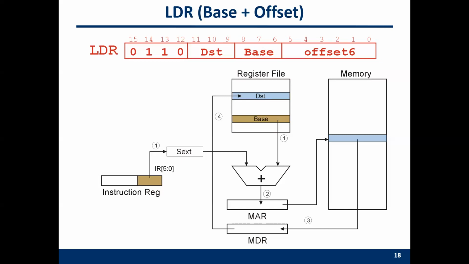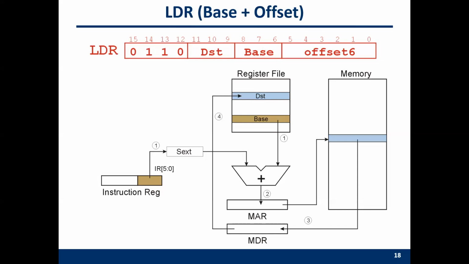The result will be returned to the memory data register. And this data register will store the final result to the destination register. So in this case, we only access memory once. Compared to the previous one, it's faster.